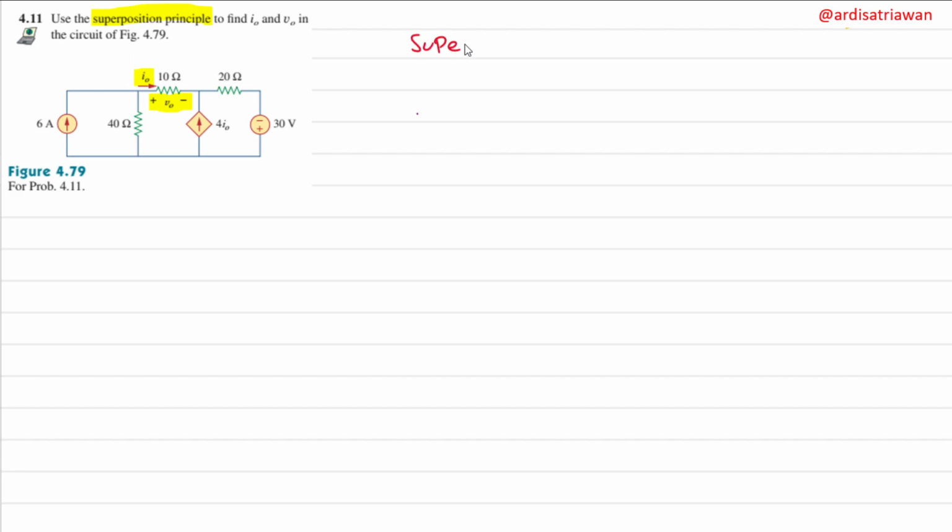So what we need to do when we are using superposition? Okay, the first step is to break down the circuit into two or more circuits.